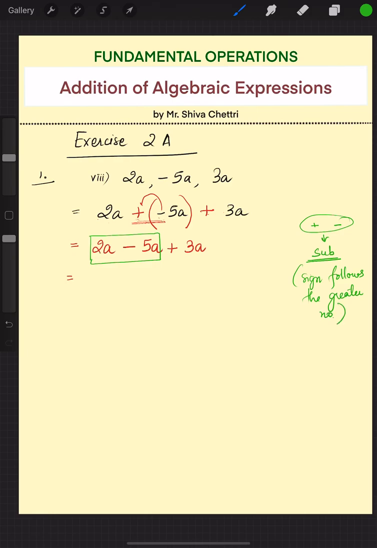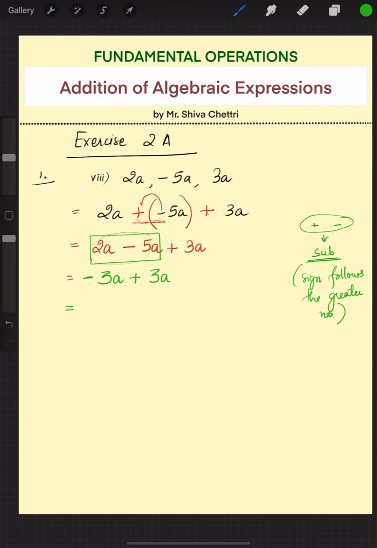So 2a and 5a subtract, you will get 3a. So what is greater here? 5. 5 has the sign minus, plus 3a. So for these two, you get the answer as minus 3a, and it is plus 3a. So minus 3a and plus 3a.